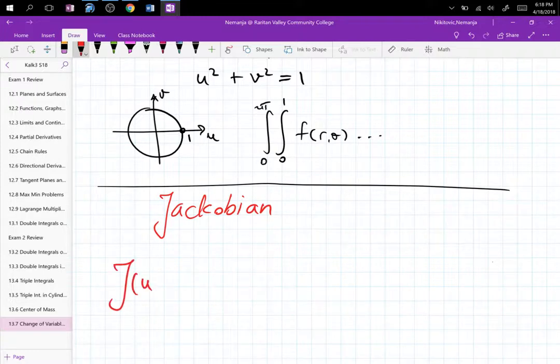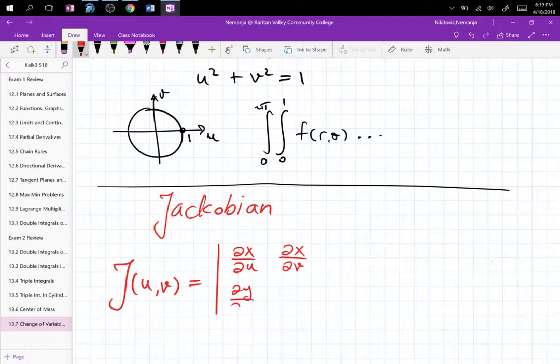J of UV is going to be the determinant, so you have this, like absolute value. dx/du, dx/dv, dy/du, dy/dv.